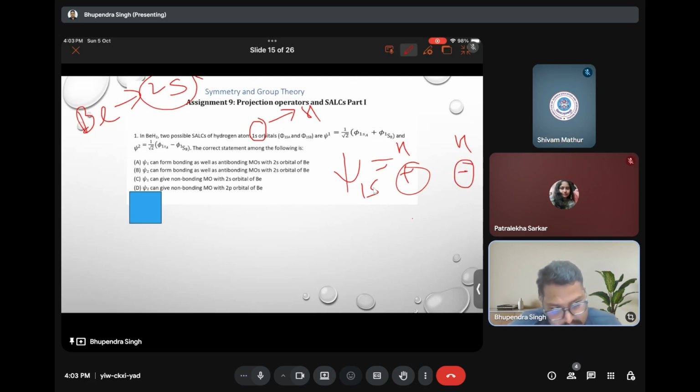If beryllium has a positive 2s, it will form a bonding orbital.